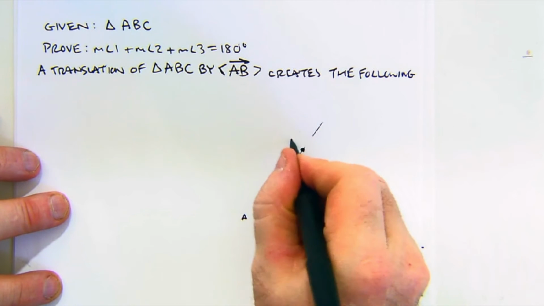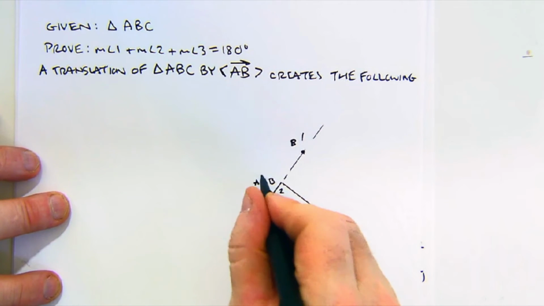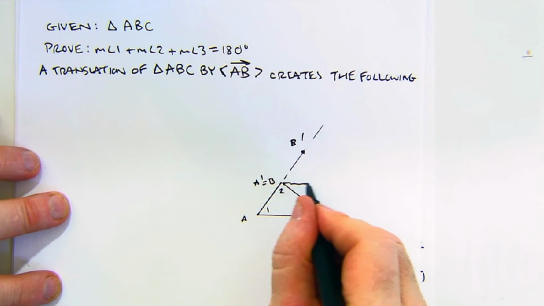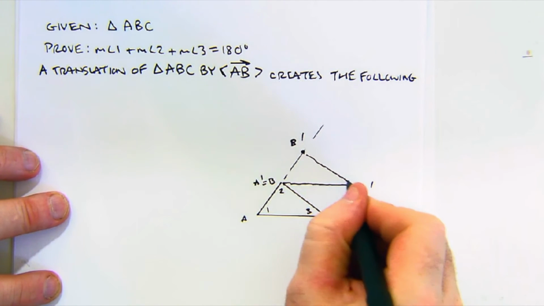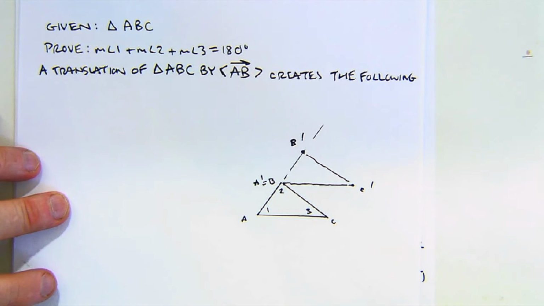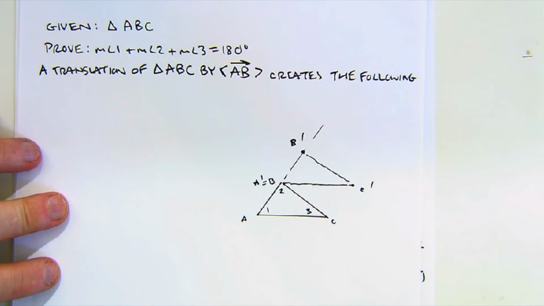B prime again is here, A prime will be here, C prime will be somewhere here. Now what I want to do is list out the things that this translation provides for me.